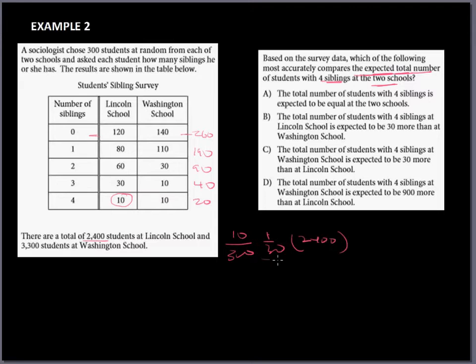This is how you compute the expected. We call it expected frequency. The expected frequency is the probability of that happening times the total number. So the probability of having four siblings if a student goes to Lincoln is 10 divided by 300 because my total sample is 300. And therefore, this times that will give me 80 students.